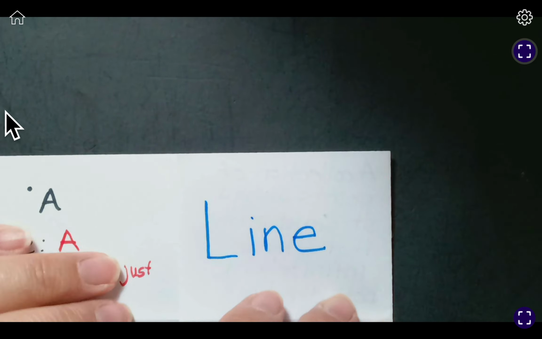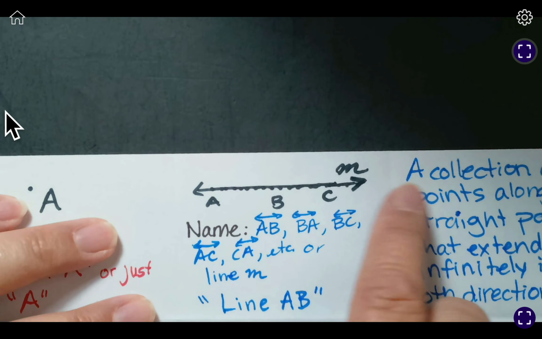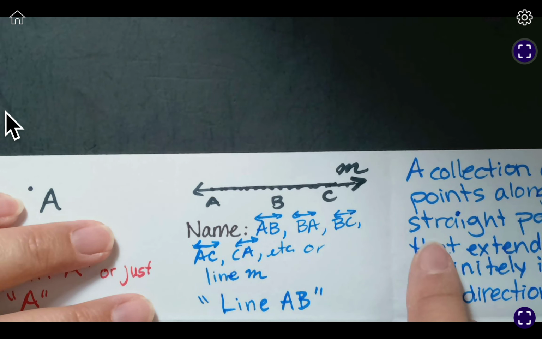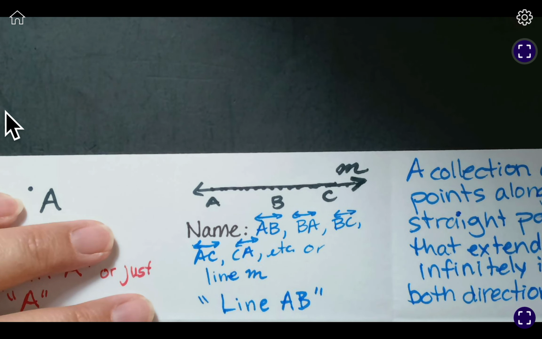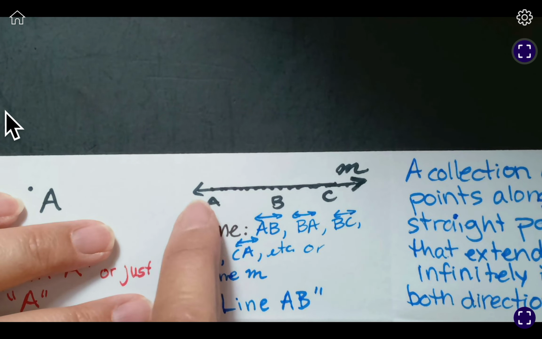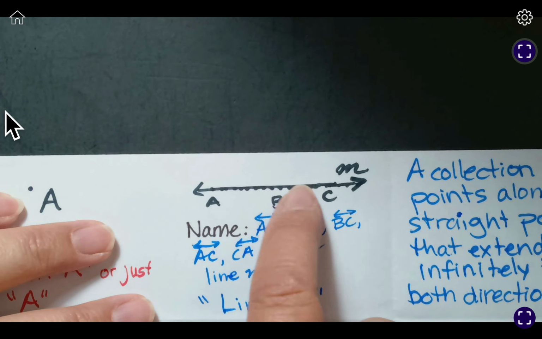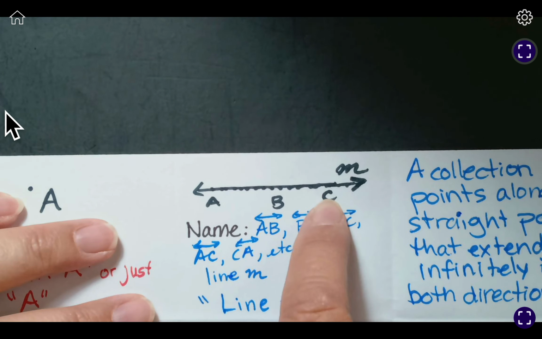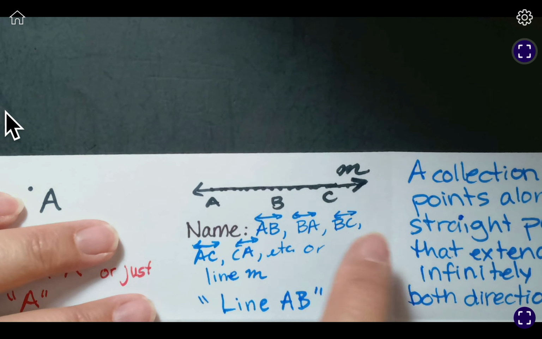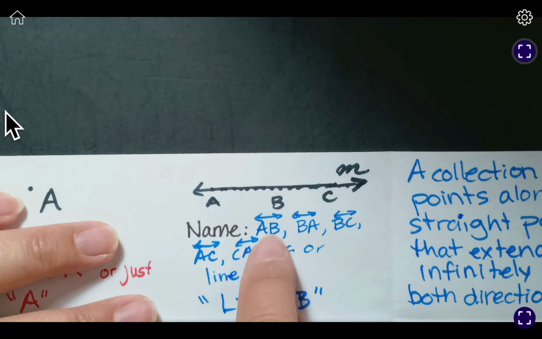Line. A line is a collection of points along a straight path that extends infinitely in both directions. So it's a bunch of points along a straight path, and these are just some of the points on there. Any points will do. You just need 2 of them. Make sure you use capital letters.